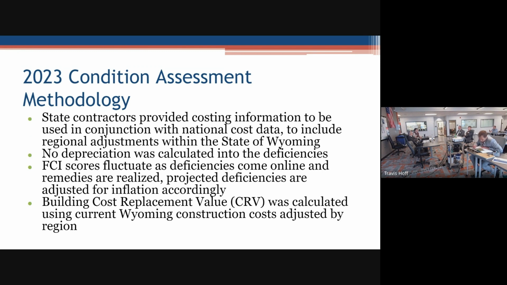I believe up north was somewhat higher, and then a lot of the rest of the state didn't vary too much. But up around the Sheridan area, we did see some higher costs, and in some of the rural areas there were minor adjustments made because of the accessibility, quite honestly. Perfect. Thanks, John.